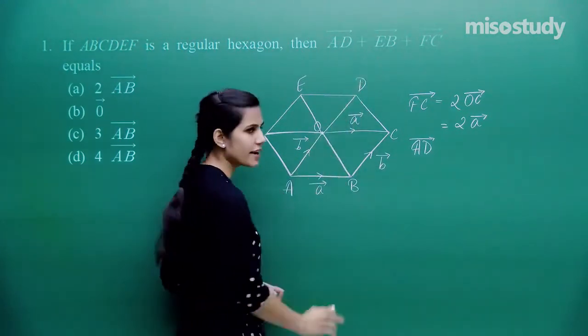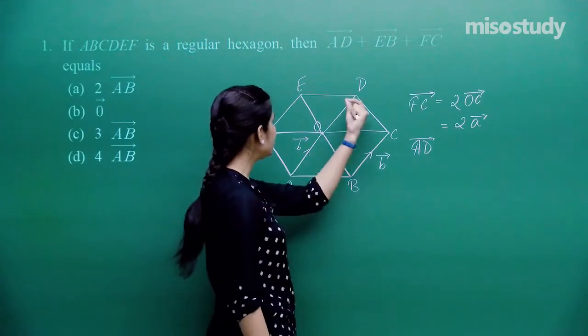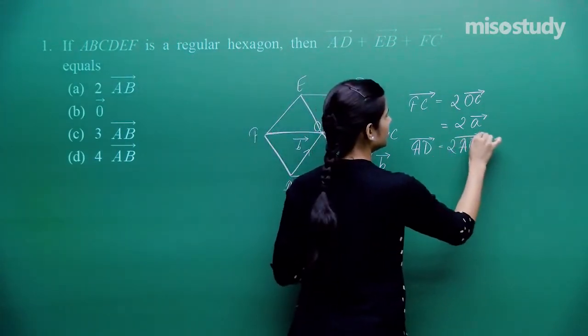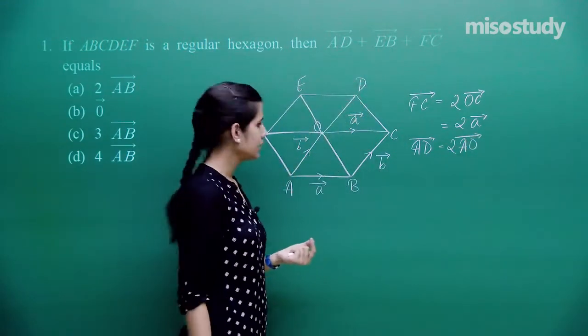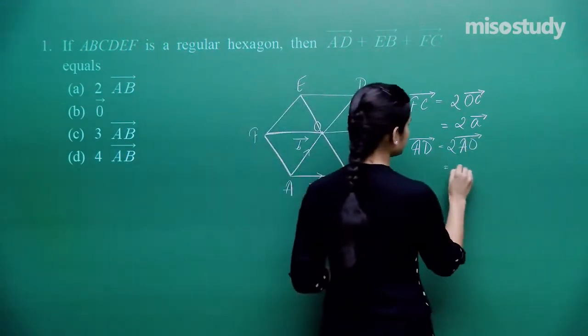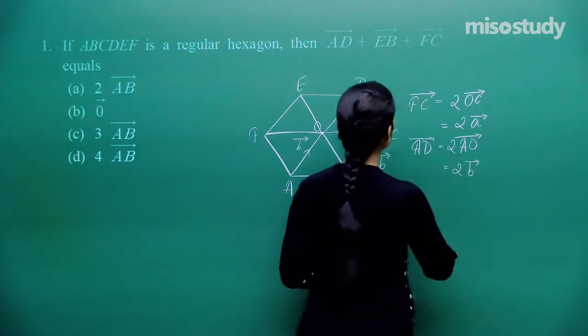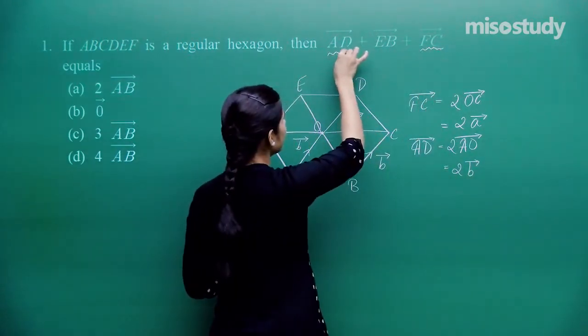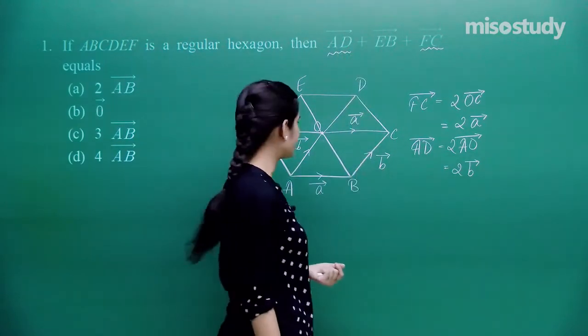AD vector and AO vector direction is the same. Therefore, AD vector is equal to twice of AO vector, right? And AO vector is b vector. So FC vector we have interpreted, AD vector we have interpreted. What is left is EB vector.